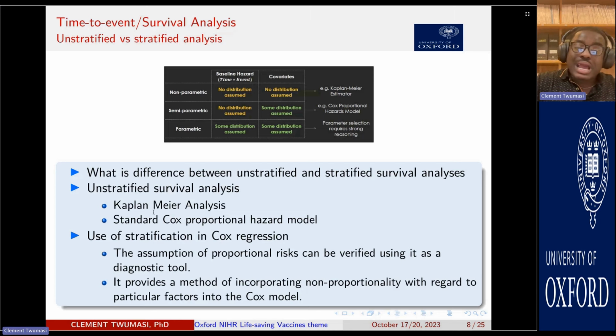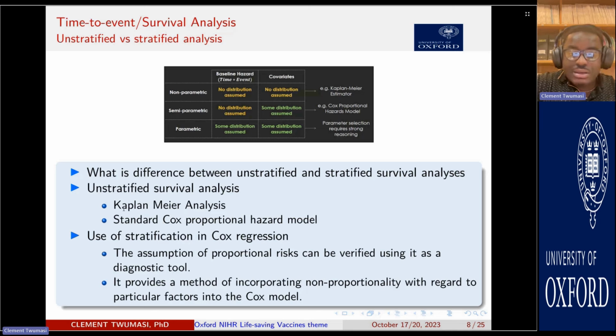You cannot do Kaplan-Meier analysis when your covariate is a continuous variable, unless you decide to recategorize it and then investigate if there's any difference in the survival curves, or in the survival probabilities, between the levels of that particular group variable.